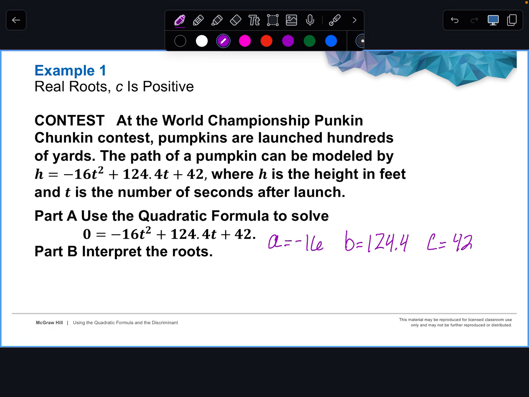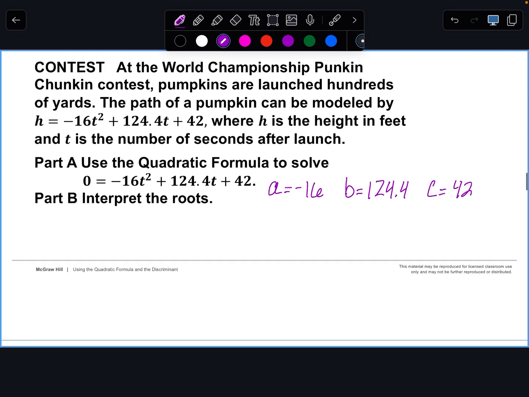Factoring it, I don't know of any factors of positive 42 that add to 124.4. So you see how we have issues on all the other ways we've learned to solve this quadratic function. So what we'll do is we will use the quadratic formula.